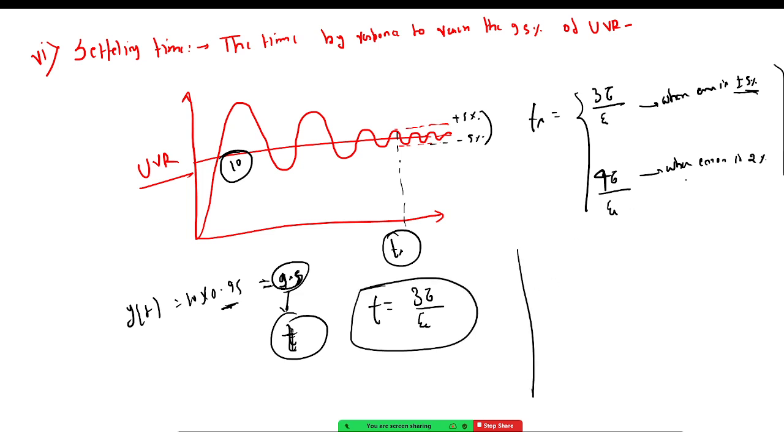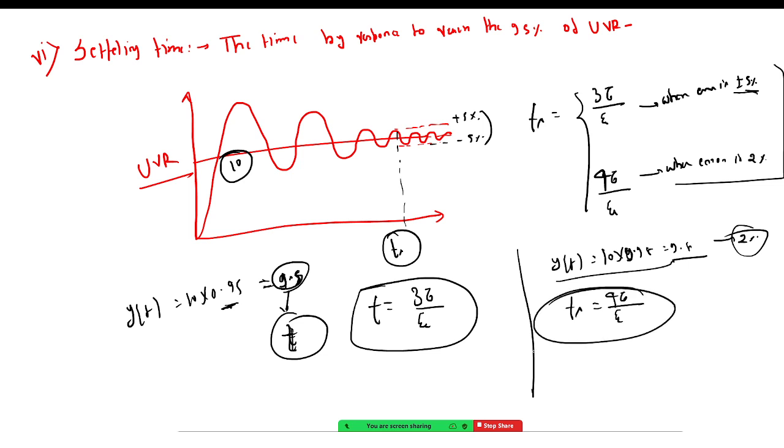But if I tell you about 2%, that means 98%, right? So your y(t) equals 10 multiplied by 0.98, that is 9.8. When the 2% error criteria is there, then you have to use T settling equals 4 tau by zeta, right?